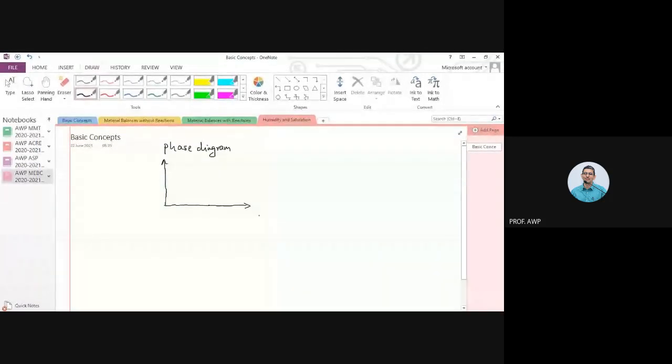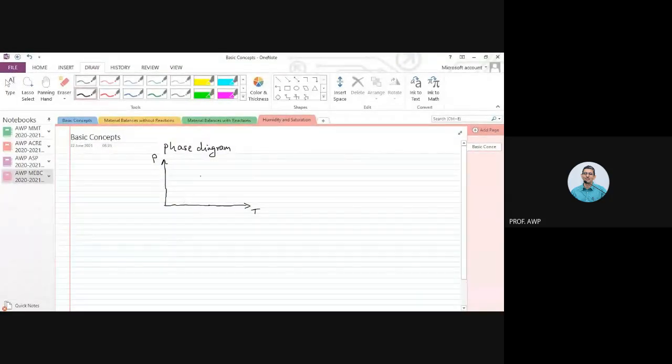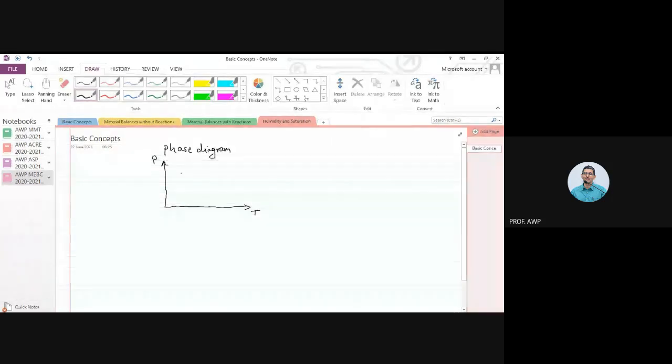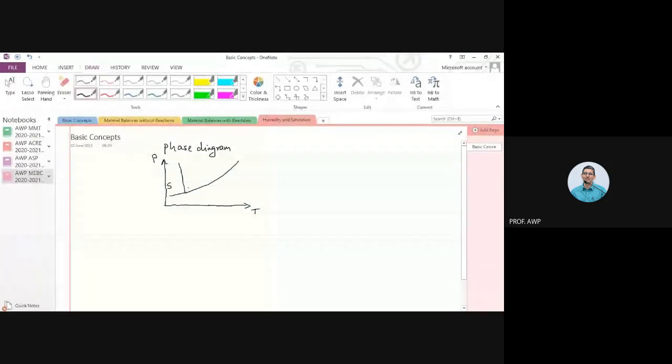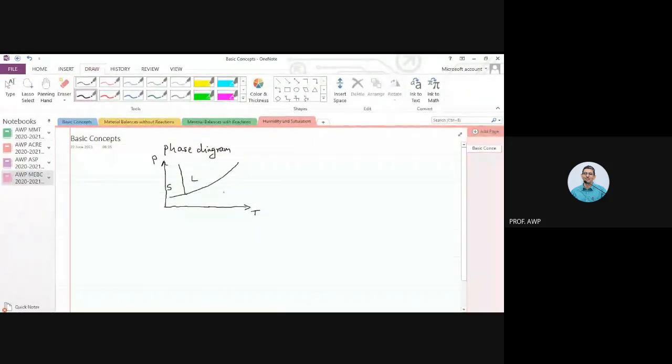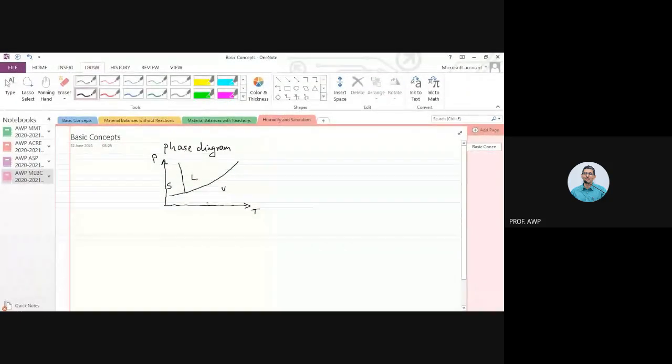So if you think in terms of temperature and pressure, we show different regions in this phase diagram: the solid, liquid, and vapor region. The solid, liquid, and vapor regions are typically like this, right? So we have a solid region here, we have a liquid region here, and we have a vapor or a gas region here, right?